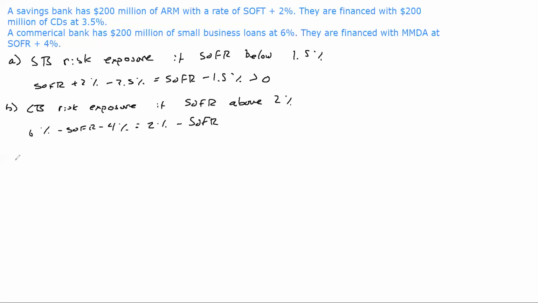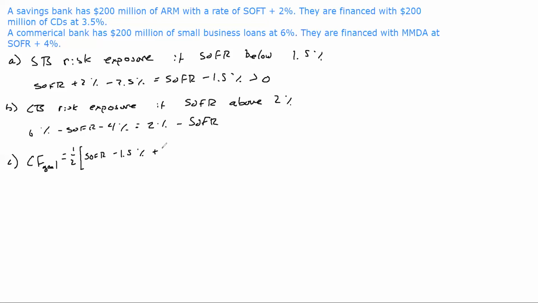So now let's do part C. We want to calculate the cash flow goals for both companies if they were to enter an interest rate swap together and eliminate their interest rate risk and lock in a cash flow. So for this, whatever the net is, you're going to split it down the middle. So let's add everything up. For the savings bank, their net is the overnight financing rate minus 1.5%.